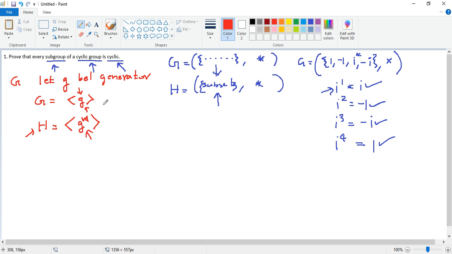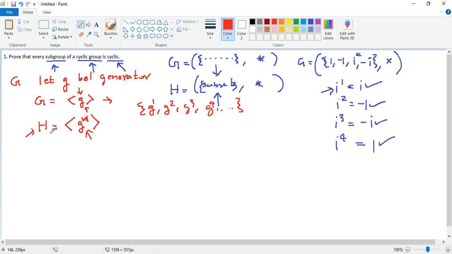So to make it more clear, the elements of the group G are of this form: g will be there, and then we'll have g squared, then g cubed, then g to the power 4. So all the elements in G will be different powers of g, but the lowest power will be the generator itself, like g to the power 1 is the lowest one.